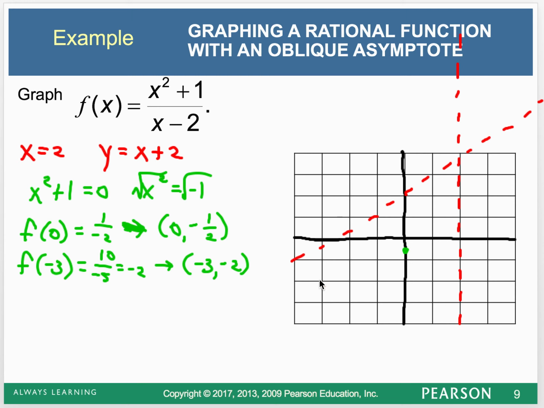So here we are. It's right here. All right. So I know it's like this. And if we want to do f of 1, 1 plus 1 is 2. 1 minus 2 is -1. So it's also at -2. So 1, -2.